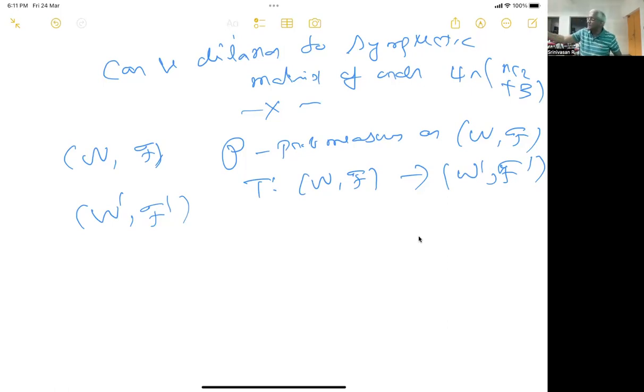If you have a transformation, then you can define the measure using the inverse: if you have a measure mu, you can define a measure through T inverse of E. So if you have a transformation between measurable spaces, then you have a mapping between the measures. This is something very nice; once you have some transformation, you will have something like that.